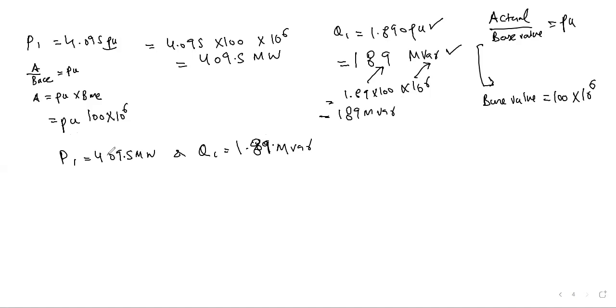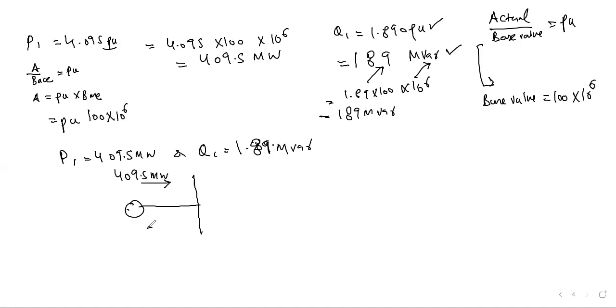Okay. Now let me draw this diagram again, where these things are. Now one thing I got to know is that in the slack bus there is some power that is entering, that is 409.5 megawatts entering, right?